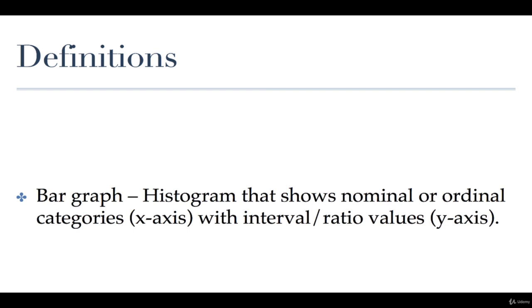So usually it would be things like kids under 20 or over 20. Those are two categorical, like ordinal or nominal variables, depending on how you collect that data. And then you might have proportions, or like 30 kids and 30 adults as the y-axis, where the bar is kind of growing. So that's basically what a bar graph is.